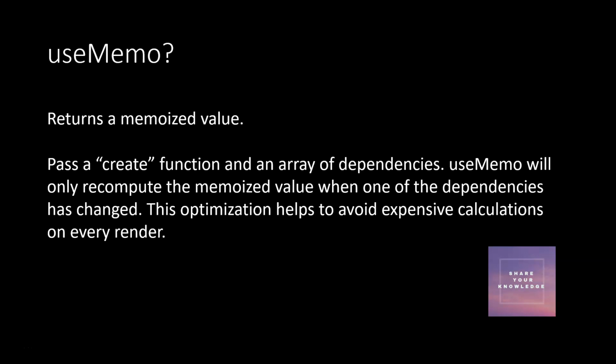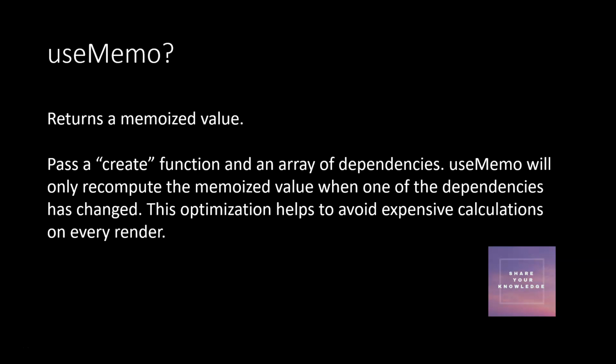In useMemo, it takes a dependency array. If the dependencies don't change, you just return the value which was previously returned. If any of these dependencies change, we will do the operation mentioned inside useMemo and return a new value. Unless the dependencies change, we return the old memoized value.